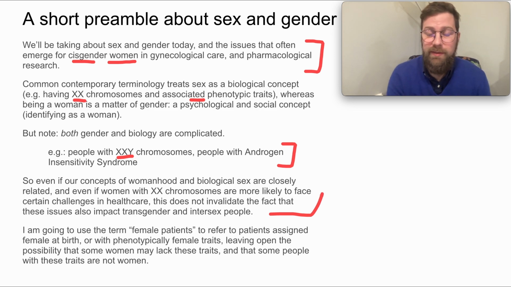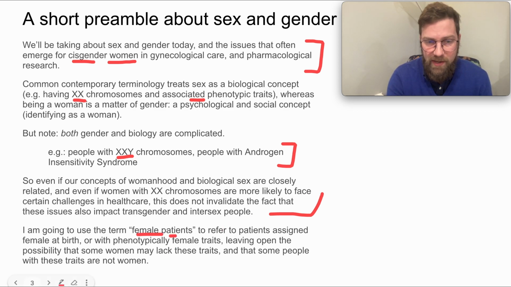So for my terminology for this discussion, when I'm referring to a patient who has a vagina, a uterus, and XX chromosomes, I'm going to use the term female patients.